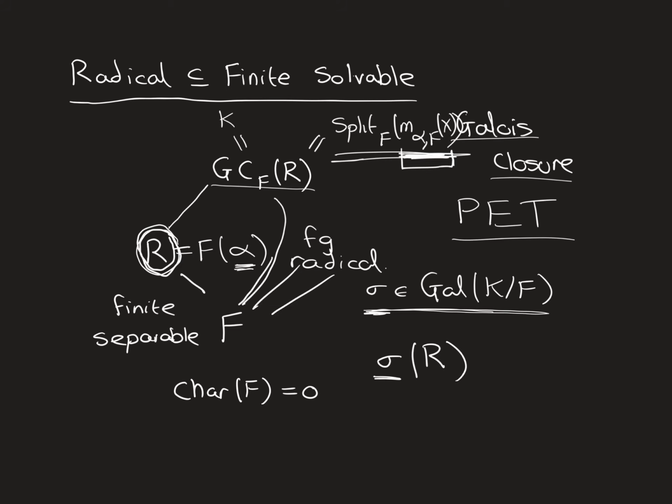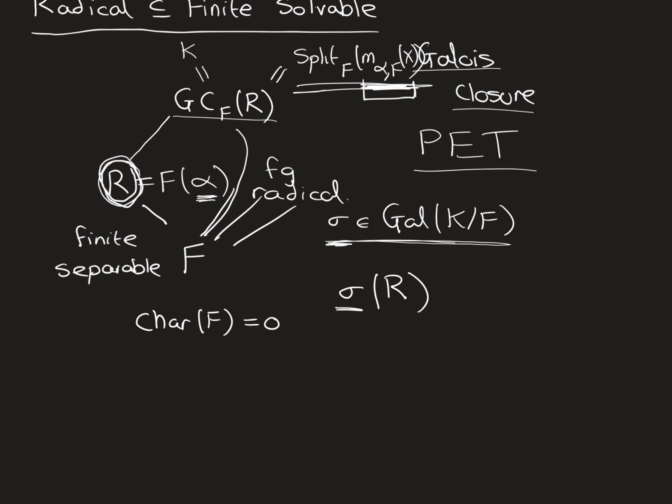How do I know that some of them won't? It's because, again, this comes down to the core idea of Galois theory, which is that the Galois conjugates of alpha under the elements of the Galois group of the splitting field of the minimal polynomial for alpha over F have to be the other roots of its minimal polynomial.